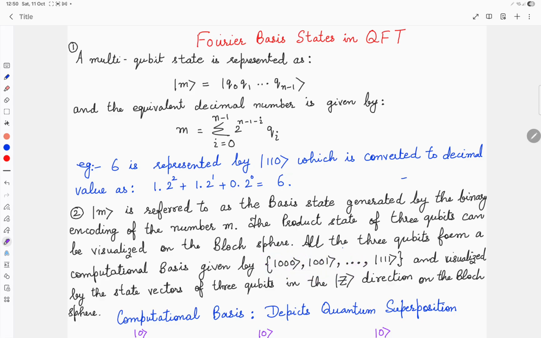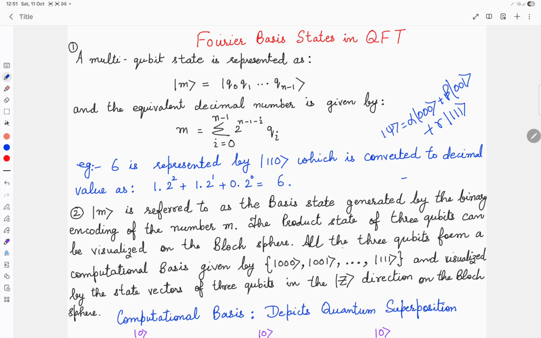For example, let's say ket psi is this state. Let's say this state consists of alpha ket 000 plus beta ket 001, plus maybe one more, we can take ket 111. So this quantum state consists of these 3 eigenbasis states multiplied by coefficients.